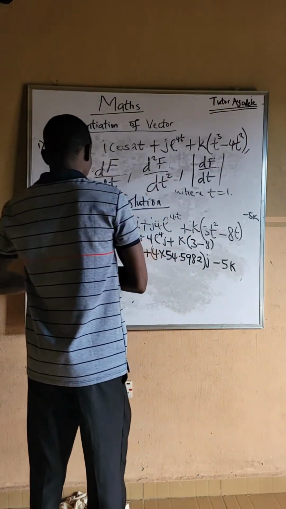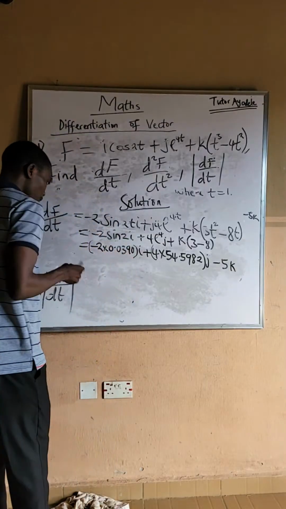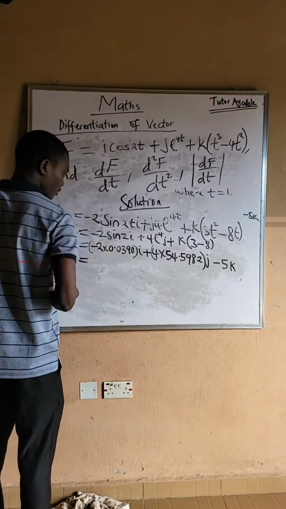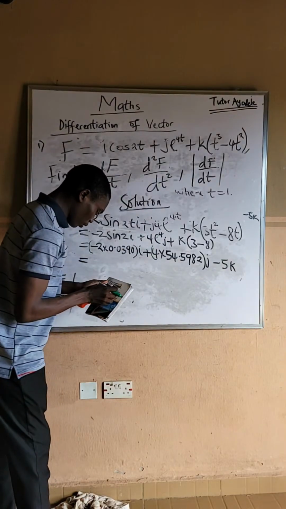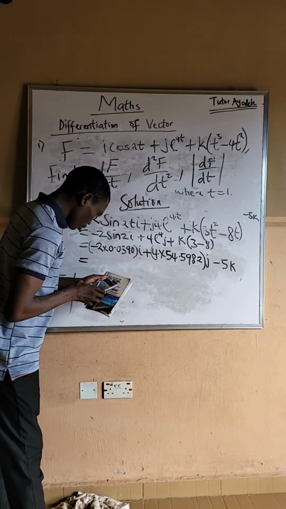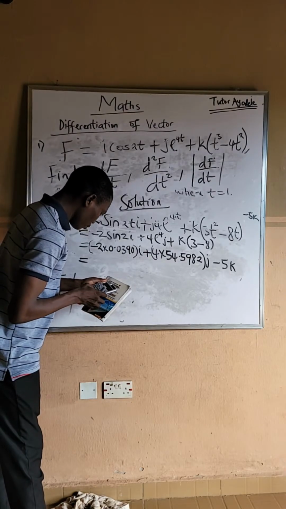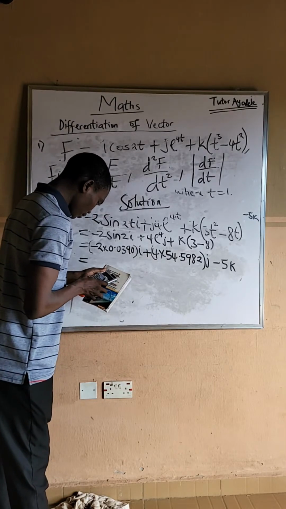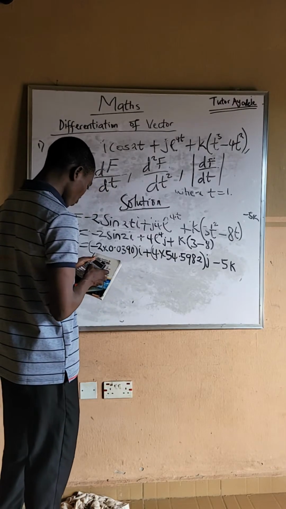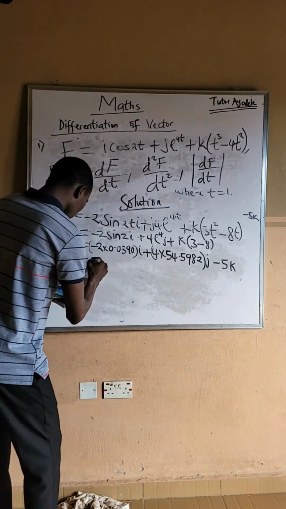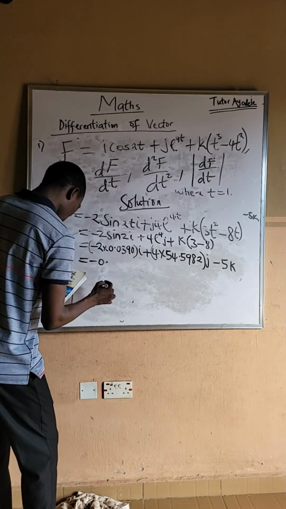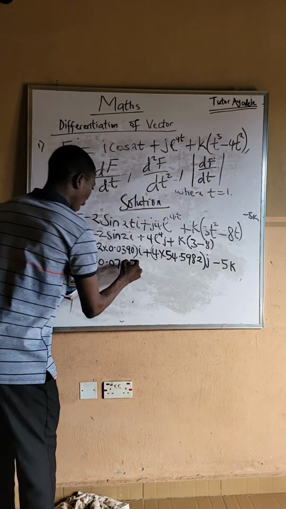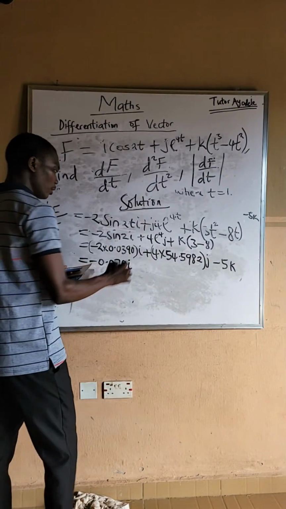Okay? Now, next thing is minus 2 times this. Press your calculator. 0.0390 times minus 2 will give us minus 0.078 I. Okay?